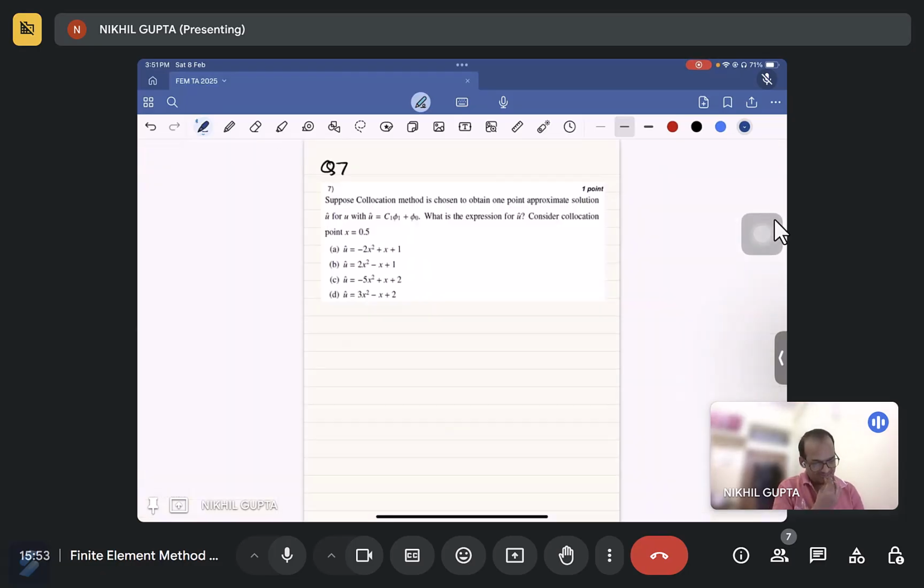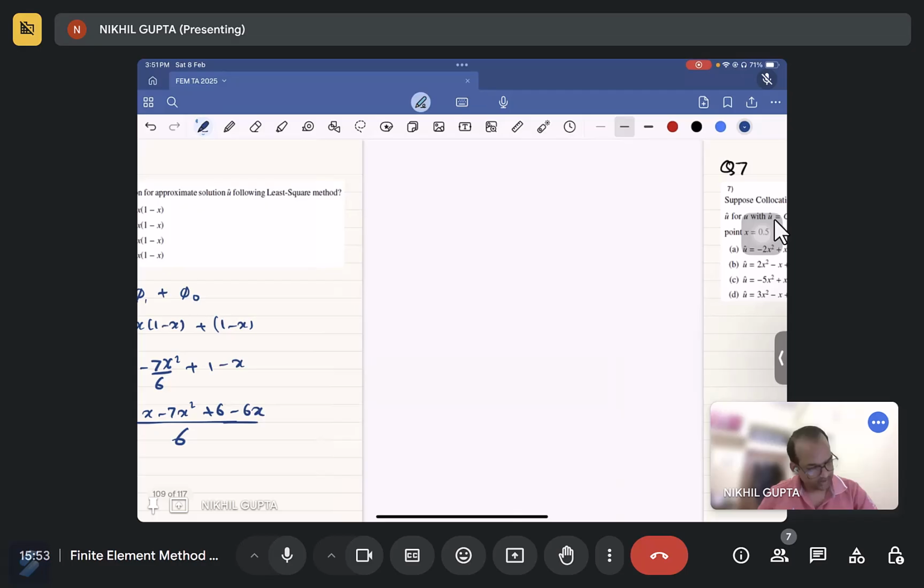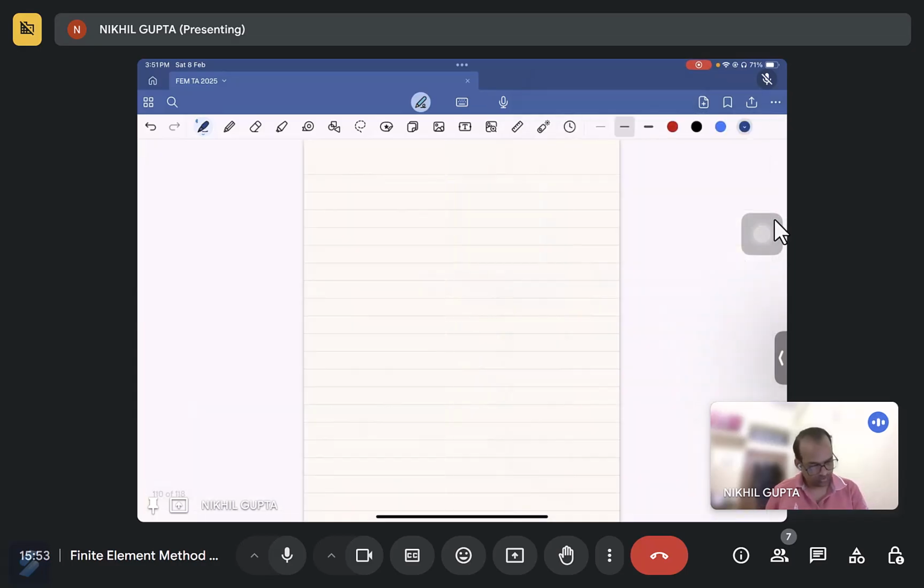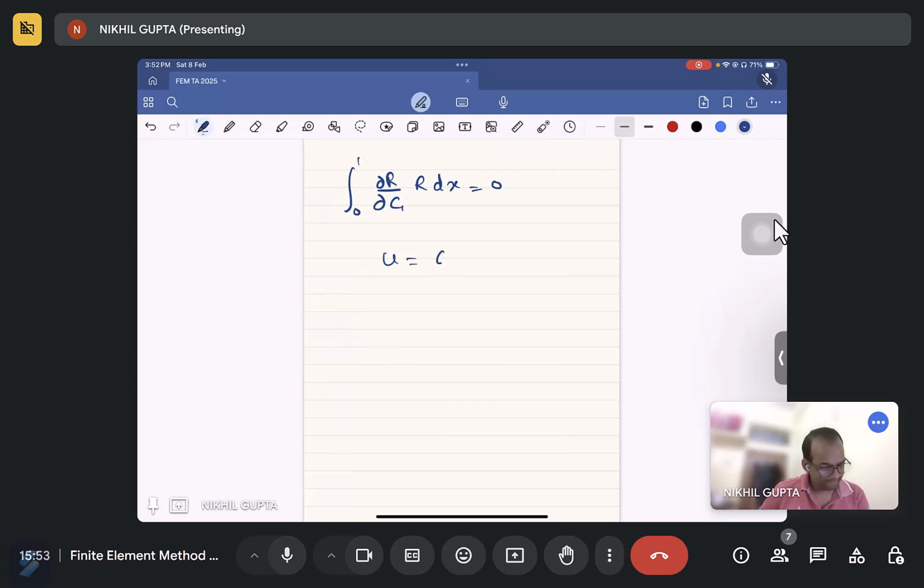Okay, let me ask you one question. It will be the least square solution. Let me say that you have this L variable. Now there are two variables, C1 and C2.